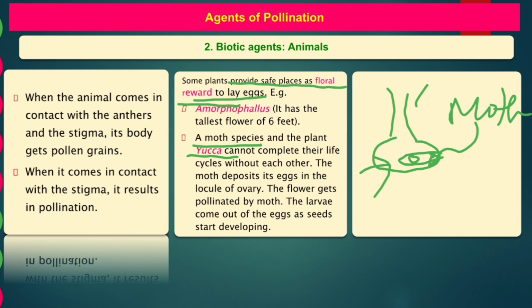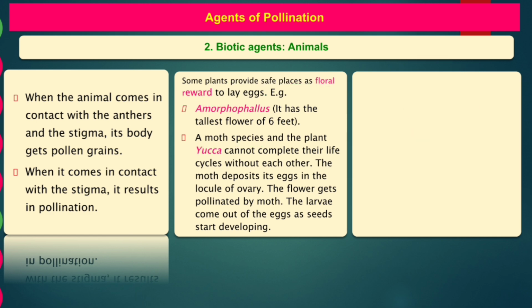Now the question is how the moth is benefited by laying its eggs, and in turn how the flowers are benefited by pollination. The moth helps in pollination. When the moth comes and sits on the flower, the pollen grains stick onto its body, and when it sits on the other flower, it dusts the pollen grains. So this is how the moth and yucca have a mutual relationship.